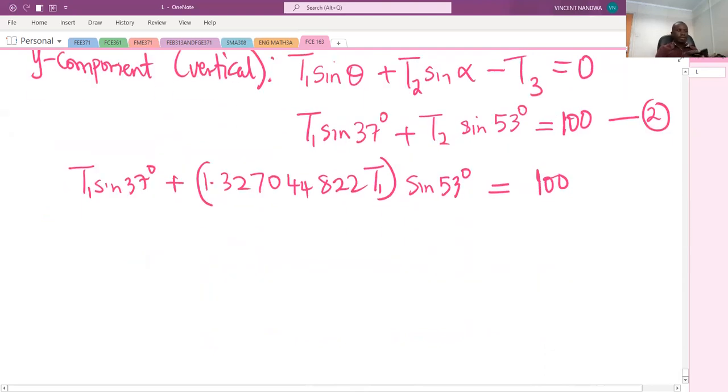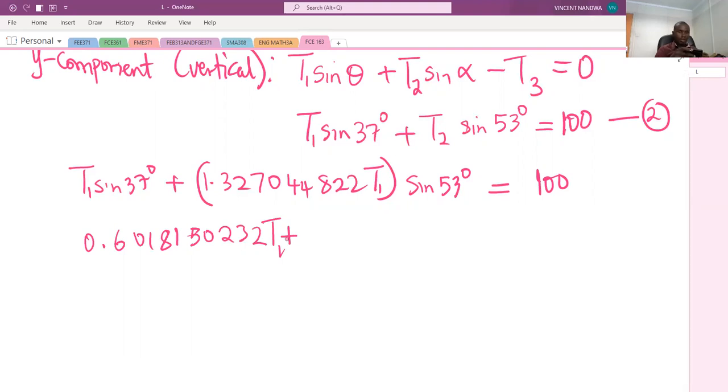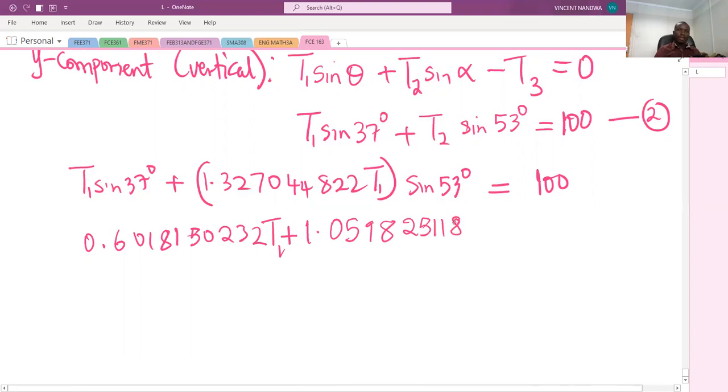So simplifying this, we'll have T1, so that's sine 37, is 0.6018150 T1, plus now 1.327044822 times sine of 53 gives me 1.059825118 T1 equals 100.